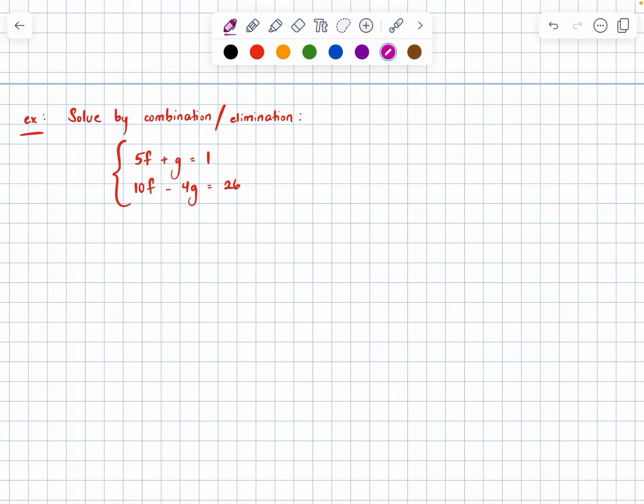And stop. I was really tempted to scream at you again, but I don't want to start hacking up a lung. So 5f plus g equals 1. Let's say that I want to turn 5f into something that is cancel-outable, not a rigorous term, but hey, with 10f.